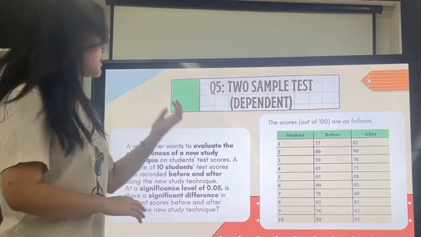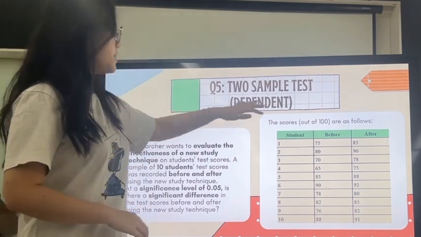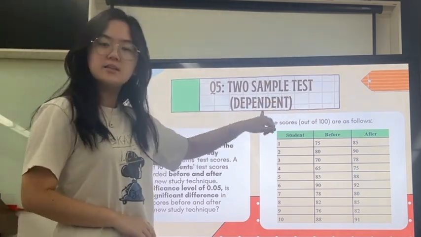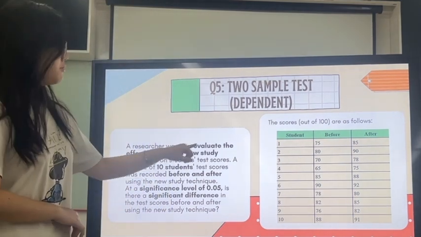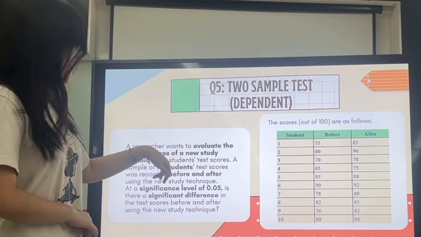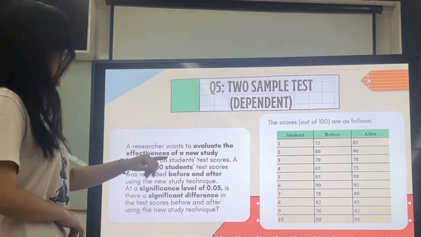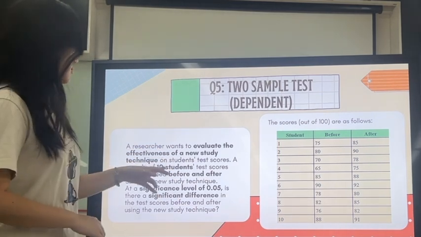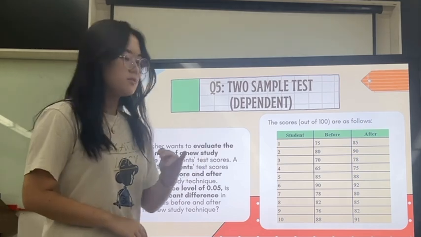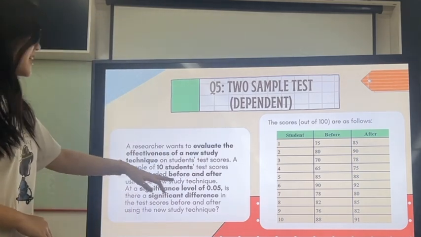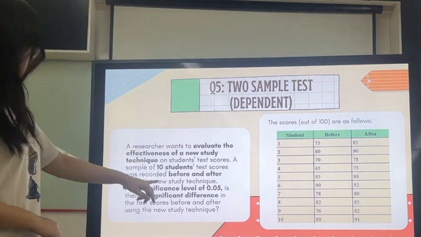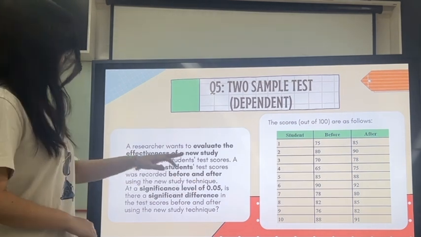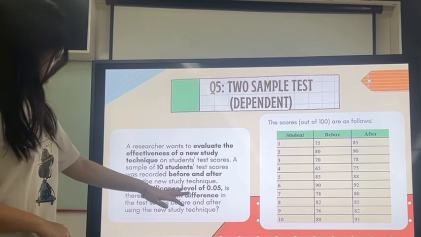Next question, question 5, is where the two sample test is dependent of each other. A researcher wants to evaluate the effectiveness of a new studying technique on students' test scores. A sample of 10 students' test scores was recorded before and after using the new study technique.